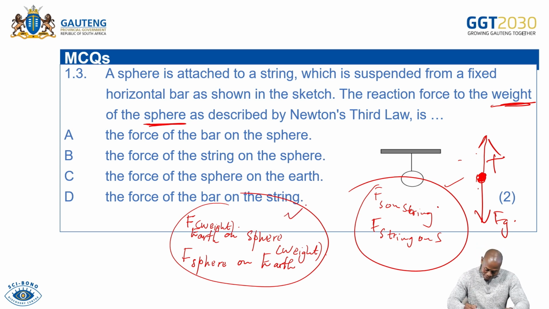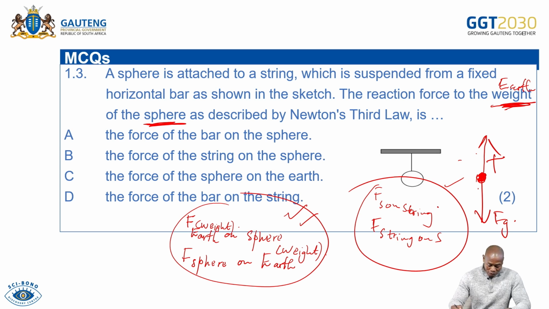Force weight on the sphere, force sphere on the weight. So it's one of those two forces, all right? It's not the sphere and the string, or the sphere and the bar. So the focus is weight, which is Earth, and the sphere.